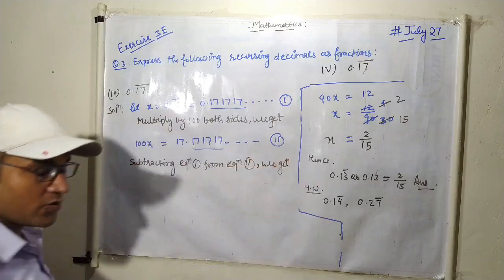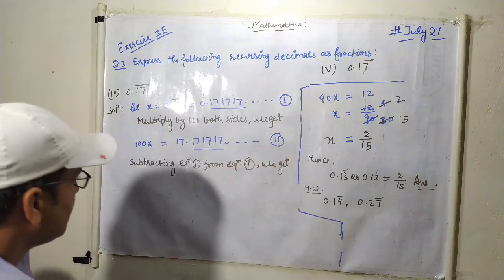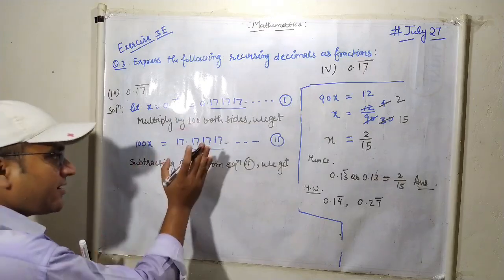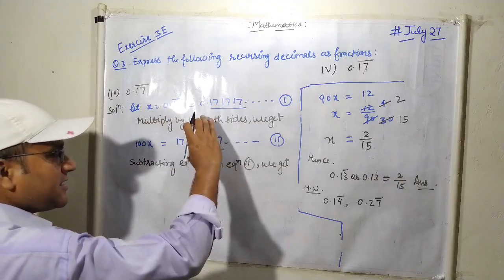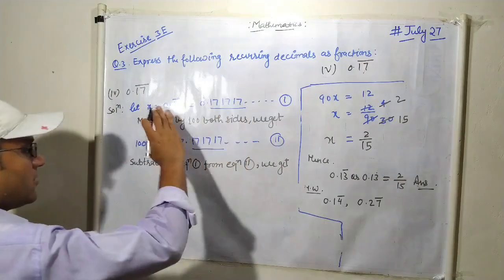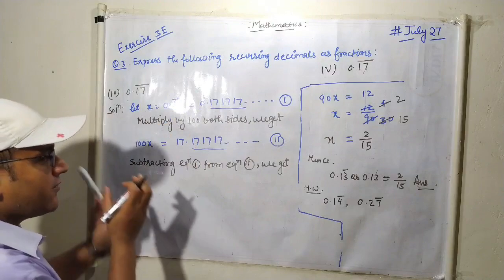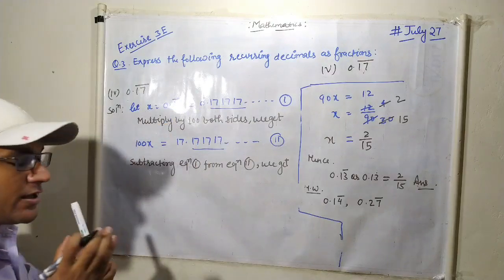And if you have any doubt, students, please ask. Our aim is to make the decimal number on the right side of the equation a natural number. After subtracting we get only a natural number, we want only a natural number.